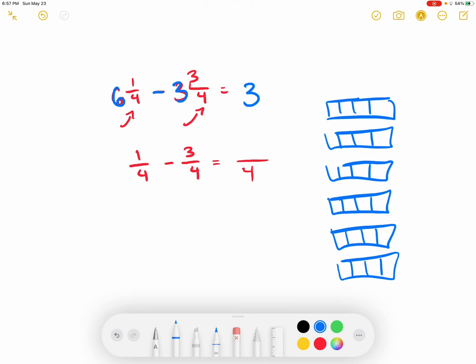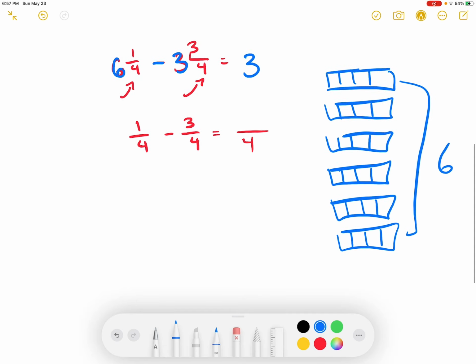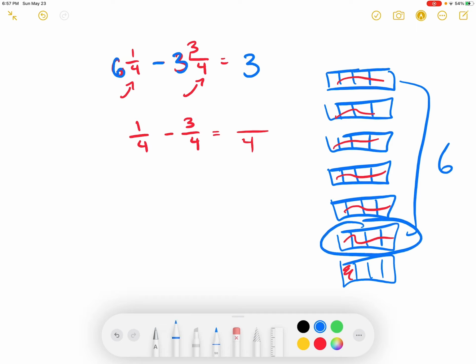1, 2, 3, 4, 5, 6, right? So there's the 6 wholes. And then the 1/4 is here. There's the 1/4. So it's 6 wholes filled and 1/4. You can't take away 3 from 4. So what I'm going to have to do is borrow 4 from one of the wholes here.